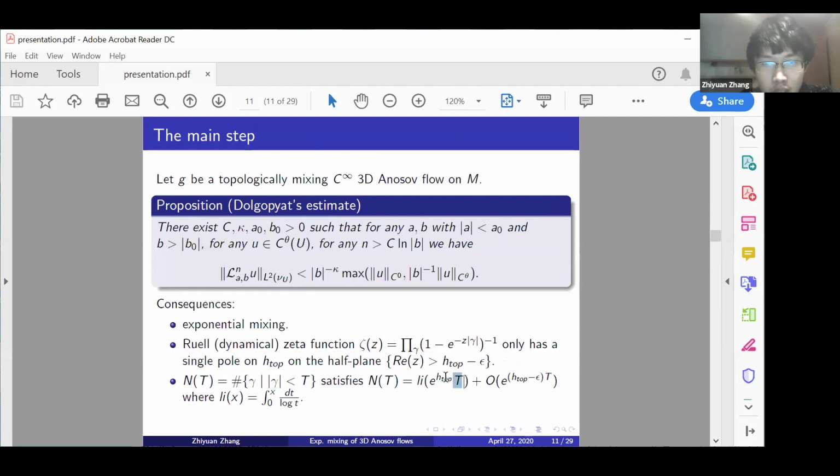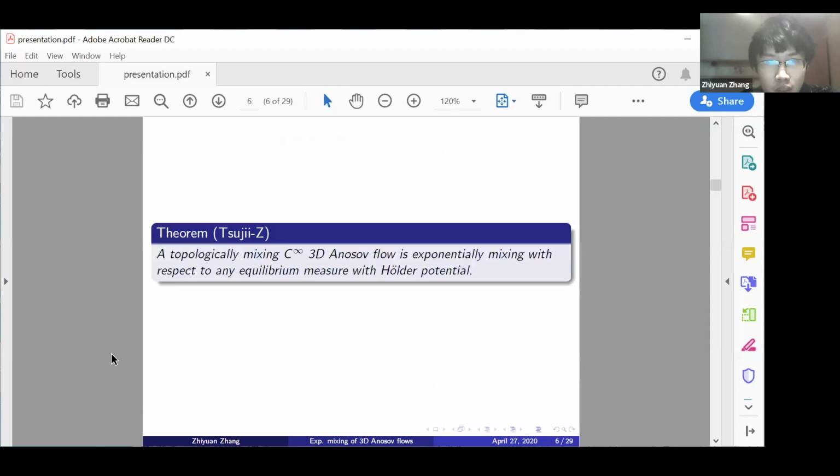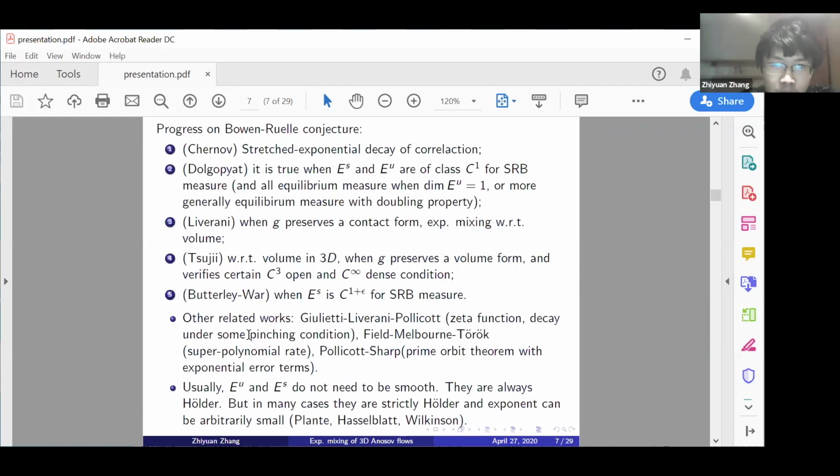This N(T) counts the number of prime orbits with length smaller than T. They need to assume that the flow preserves a contact structure, and also they need to assume a little bit of pinching condition.